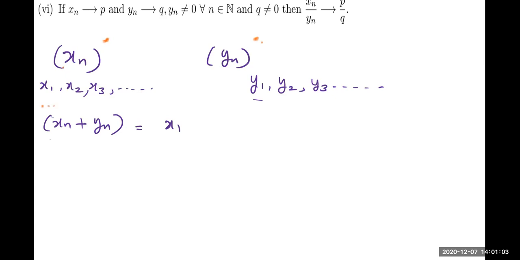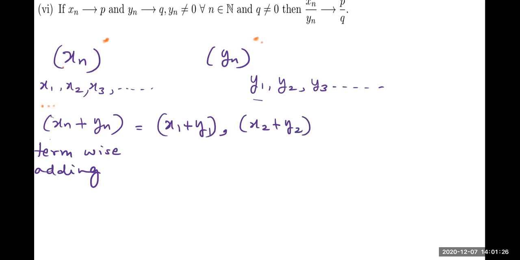And now I'm trying to show you how you get that third sequence. So this is called term wise adding. So first term of the new sequence will be x1 plus y1. ये होगा मेरा first term, comma. Second term रहेगा x2 plus y2, and so on. Okay. This is what I mean by adding two sequences.